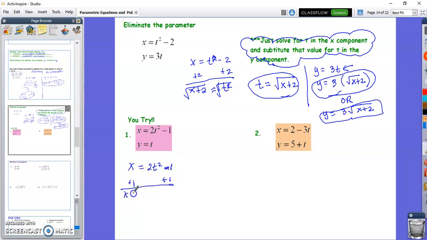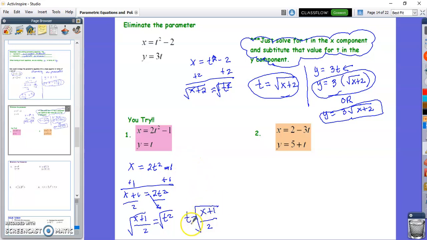So I will have x plus 1 equals 2t squared, since negative 1 plus 1 is 0. Then I'm going to divide both sides by 2, which gives me t squared equals x plus 1 over 2. Solving for t, I'm going to take the square root of both sides, and my t will be equal to the square root of x plus 1 over 2.